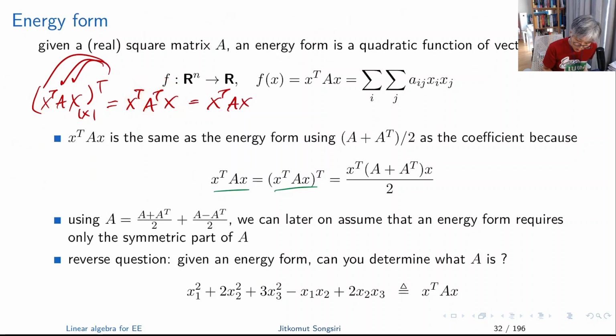So this is why you can split your x transpose Ax: it's equal to x transpose Ax half plus x transpose A transpose x half. What it shows is that whatever square A you use, when you consider the quadratic function in x, which we call the energy form here, it's going to be the same as using A plus A transpose, half. And you can always decompose A into this part plus this part.